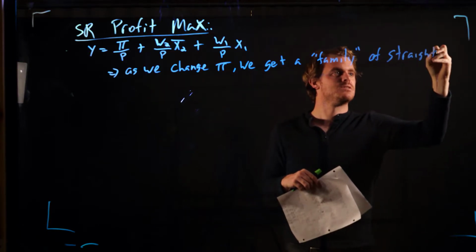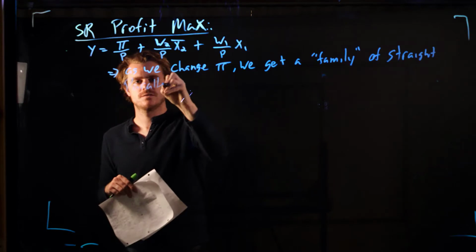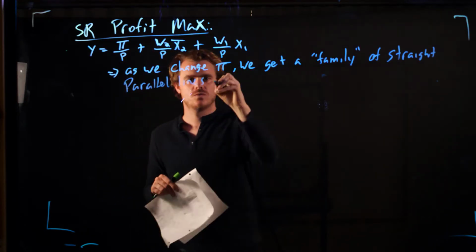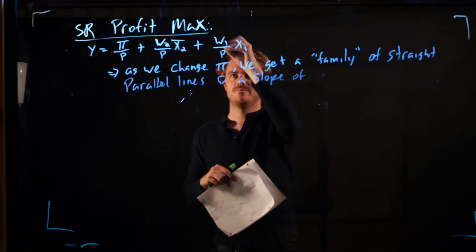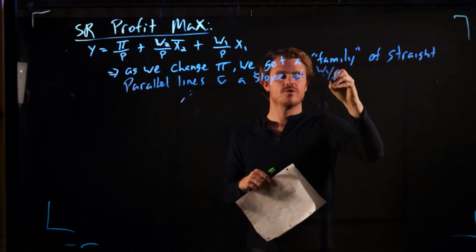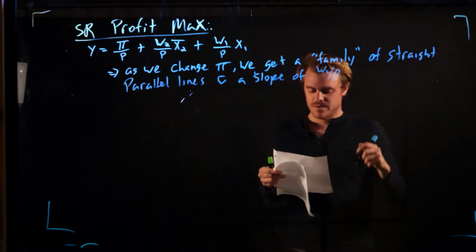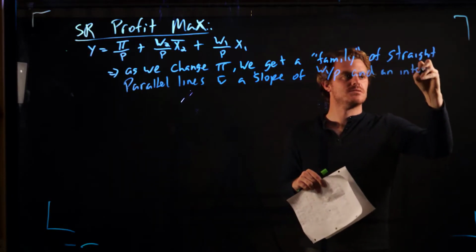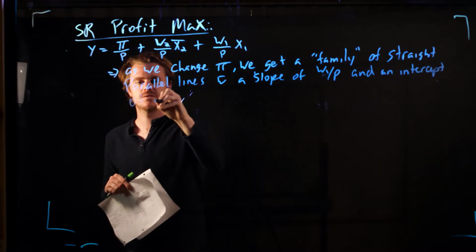Straight parallel lines with a slope of W1 over P, since it's just varying in X1, and an intercept of these first two terms.